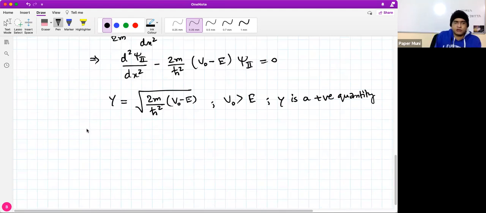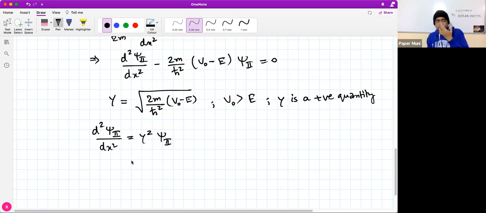Now let's solve this equation. What do we get? This is equal to gamma square psi 2.